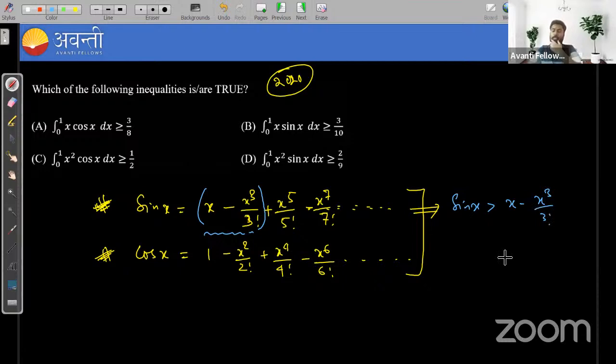Yes or no? So similarly, from the second series we can say cos x is greater than 1 minus x square by 2 factorial.